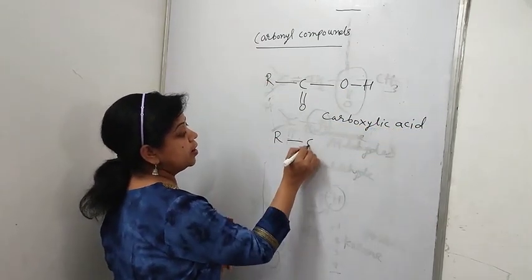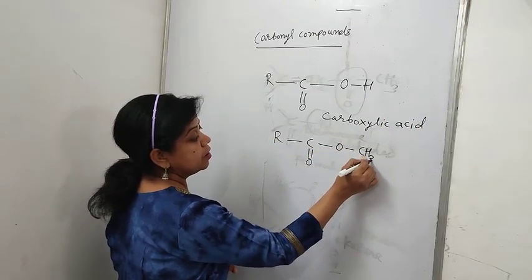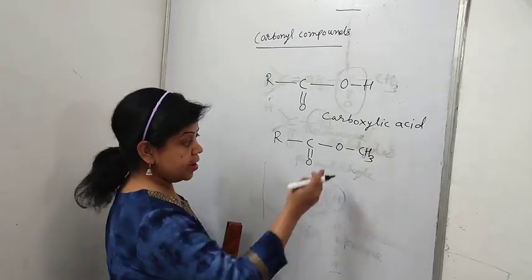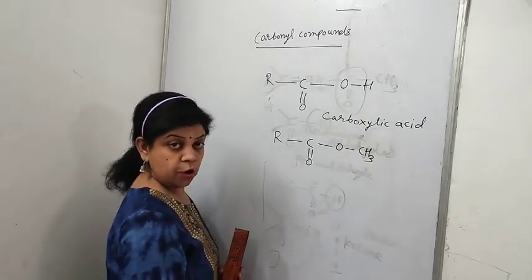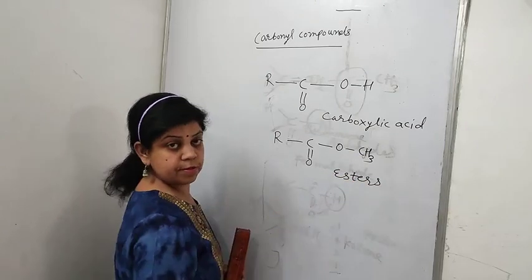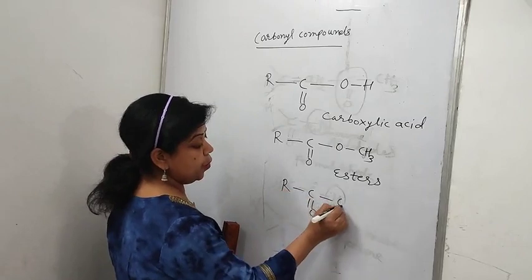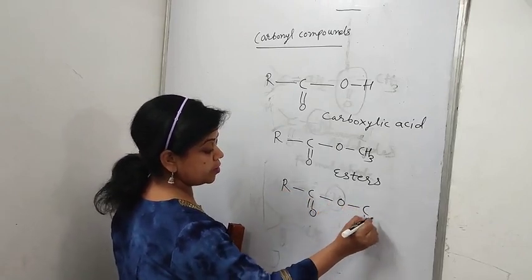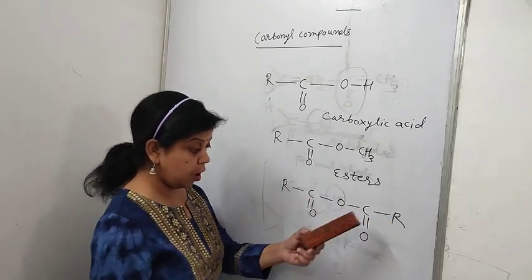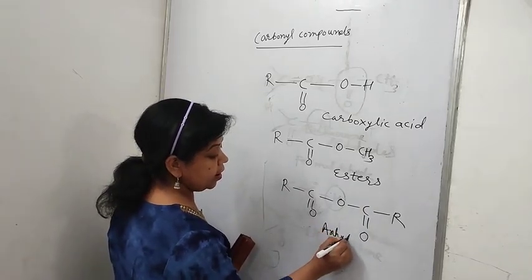When carbonyl carbon is bonded with oxygen and another carbon atom, then these are known as esters. When carbonyl carbon is bonded with oxygen atom and another acyl group, then these are known as anhydrides.